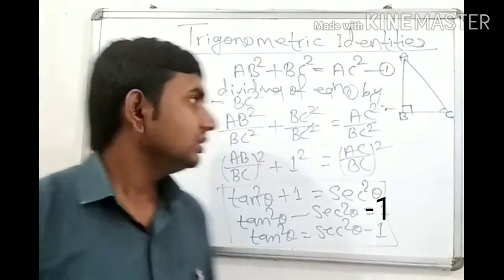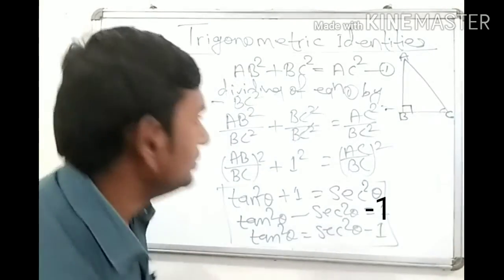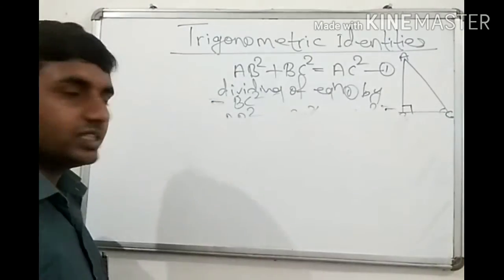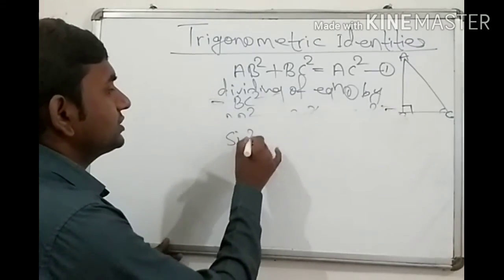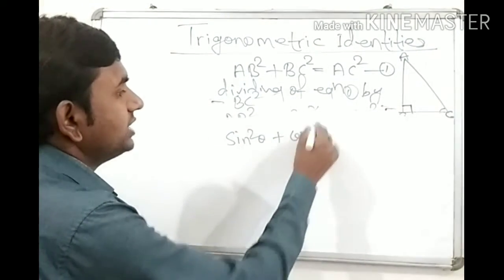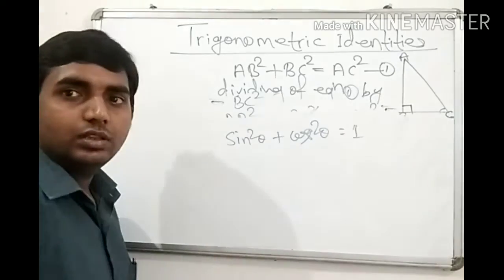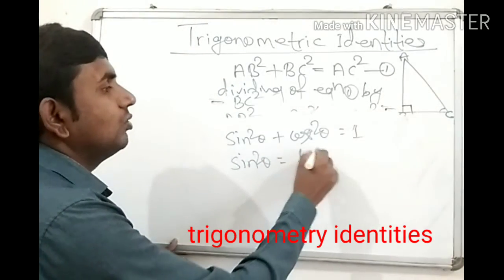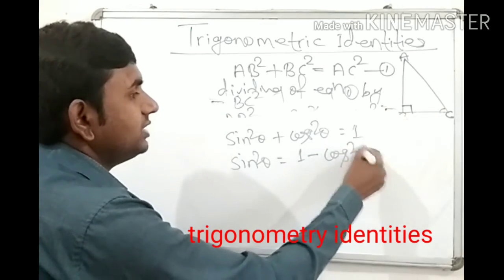In the same way, in the first equation we found sin square theta plus cos square theta is equal to 1. If you want to find sin square theta, then it is equal to 1 minus cos square theta.